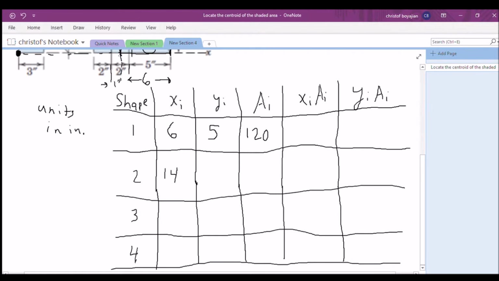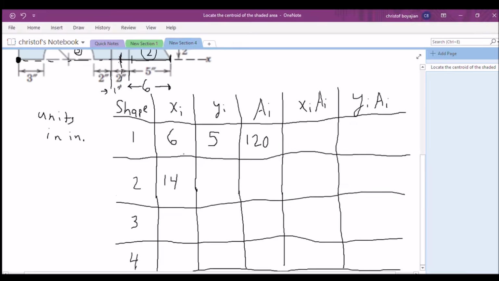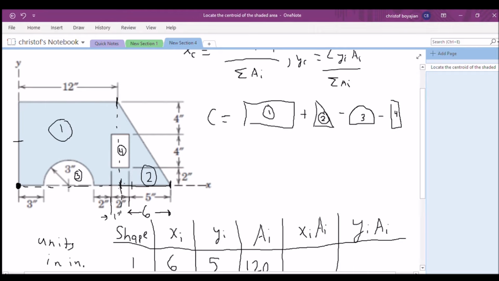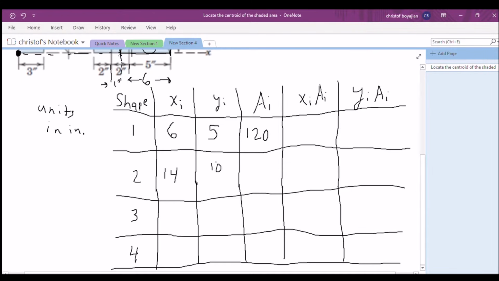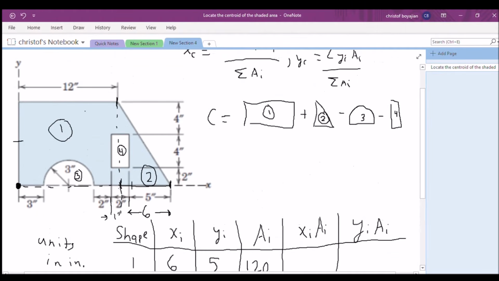Now our y is going to be, again, 1/3 of this distance from this leg. So up 1/3, we see that this is 10, so it's 10 over 3. So that's going to be our y direction. Now our area, what is our area?